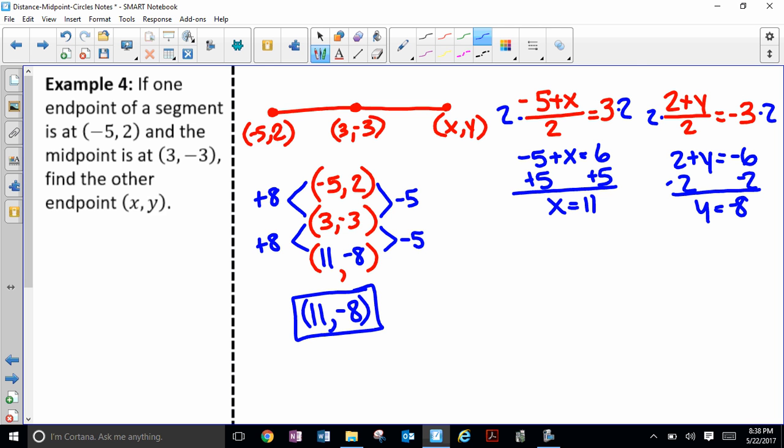So whether you do the equation way or the snowman method, you're still going to get the same answer. And you can always check yourself. -5 plus 11 is 6, divided by 2 does give me 3. 2 plus -8 is -6, divided by 2 does give you -3, so it checks.